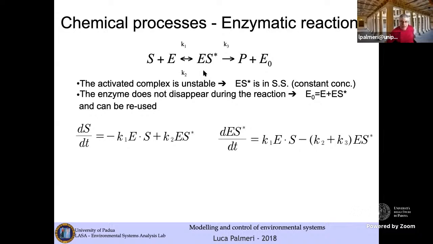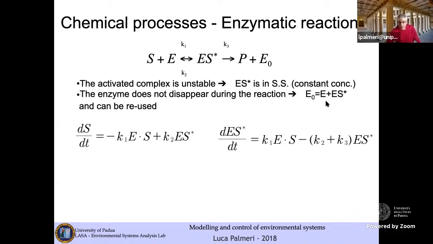So these are K2, the deactivation reaction of the activated complex ES star, plus the transformation of the activated complex ES star into the product. So this is K3 times ES star.